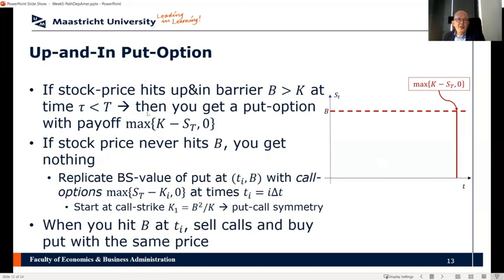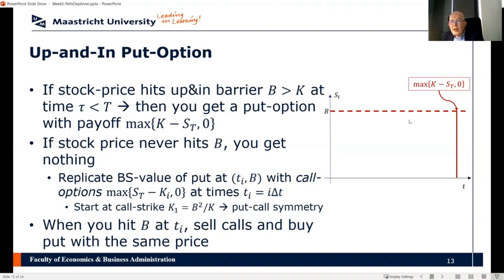Let's look at a specific example. How can we replicate a so-called up and in put option? So as I said, I choose a barrier level B that is typically above the strike K. So the strike K is somewhere here. So if the stock price goes first up and hits the barrier, then at the moment when I hit this barrier for the first time, I am getting this put option.